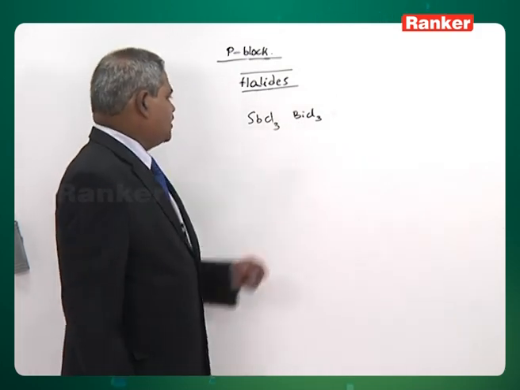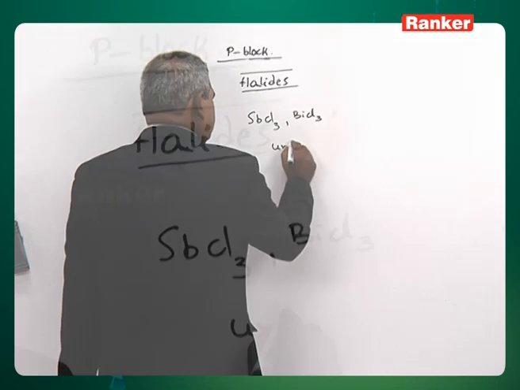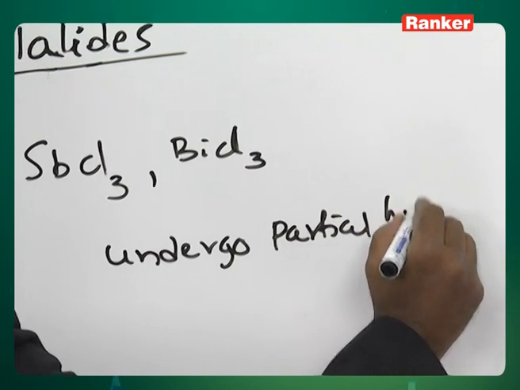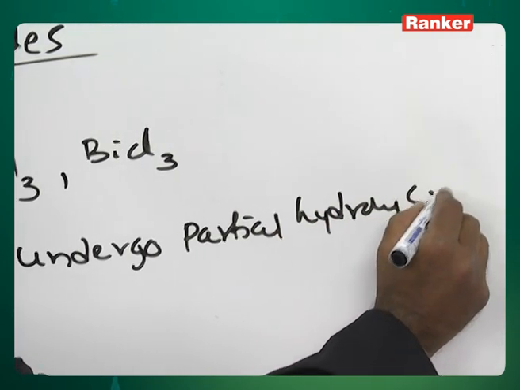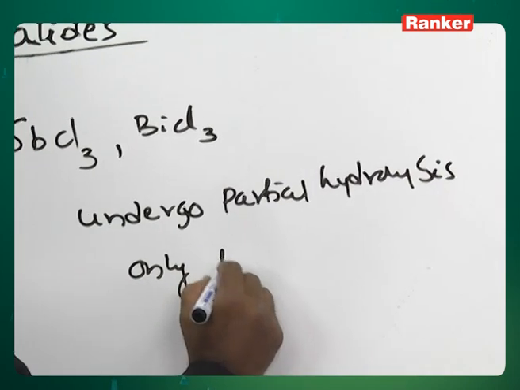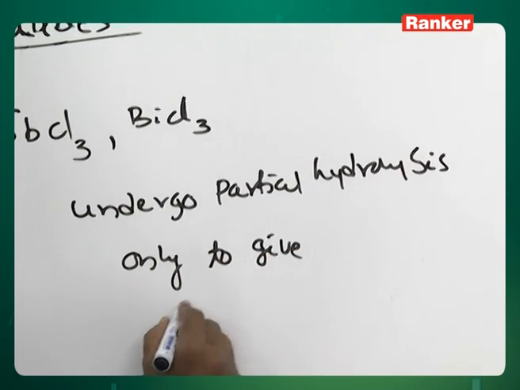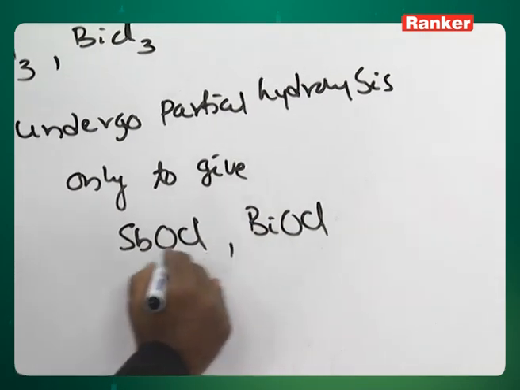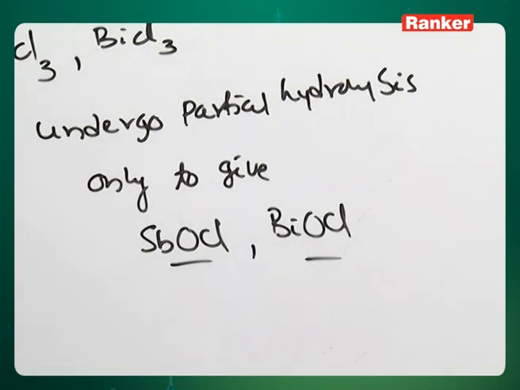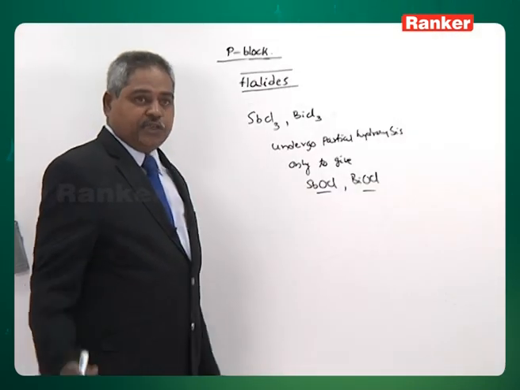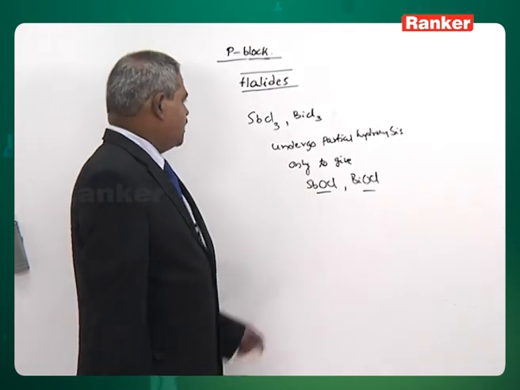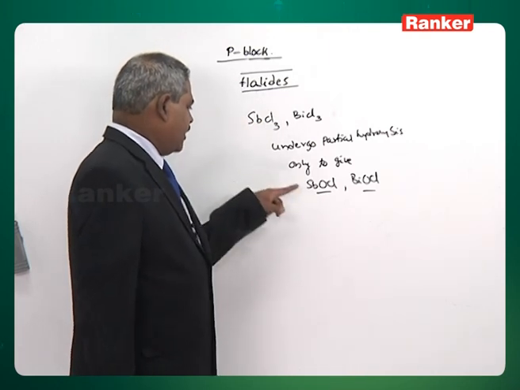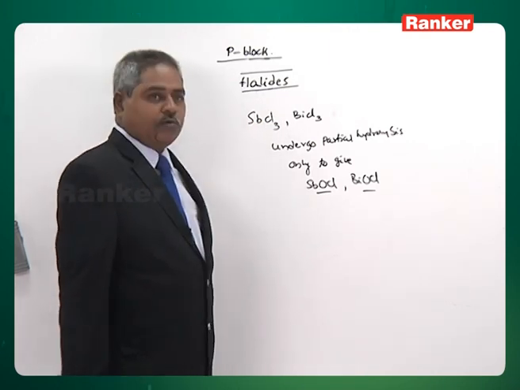So SbCl3 and BiCl3 undergo partial hydrolysis only, to give SbOCl and BiOCl. Whereas in the case of PCl5, you have both hydrolyses. Here they undergo only partial hydrolysis: only 2 chlorines are broken and the water molecule is removed.